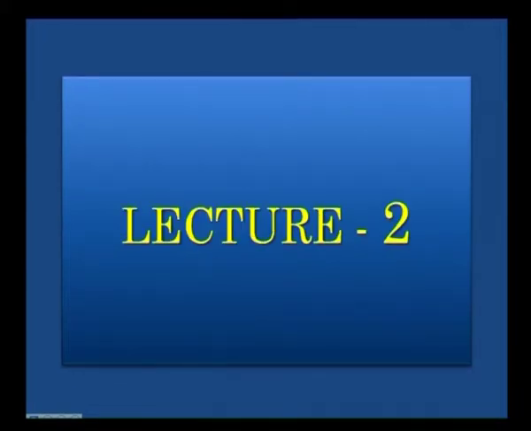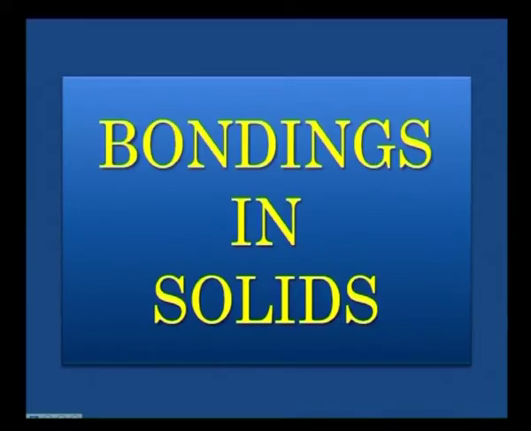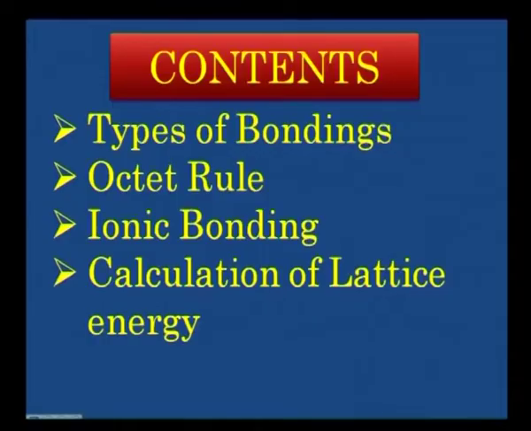This is lecture number 2. The title of these lectures comes under bondings in solids. The contents of today's lecture are types of bondings, octet rule, ionic bonding, and a calculation of lattice energy.